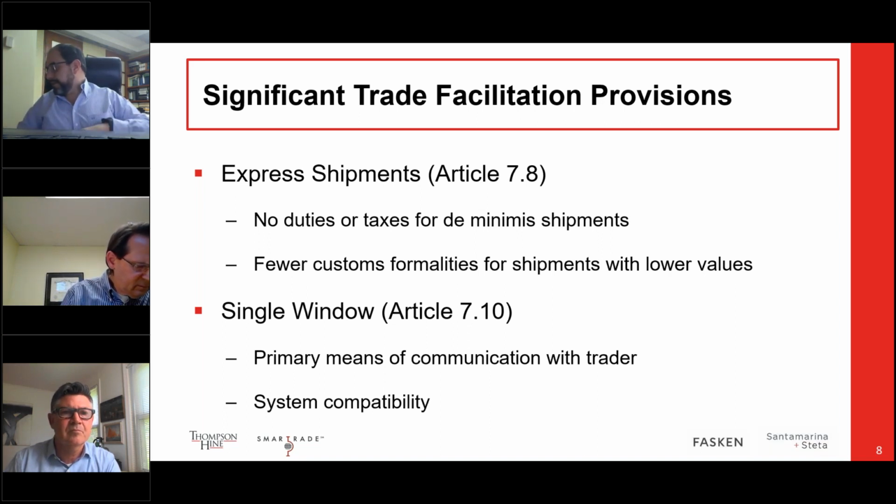This is the first FTA to have this provision, although it was easier to adopt because the three countries already have it. But it looks for compatibility of each system, for the three systems to be compatible.